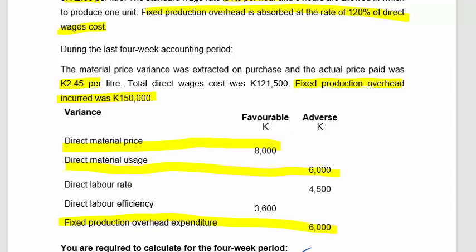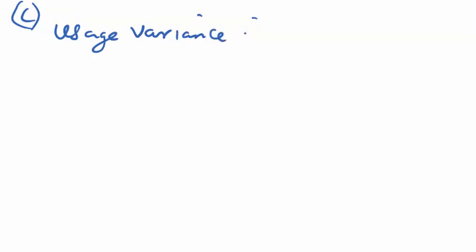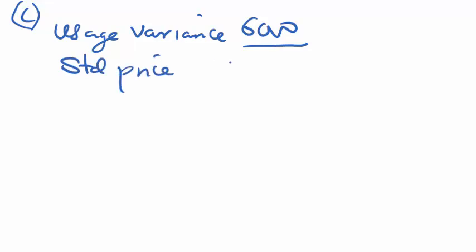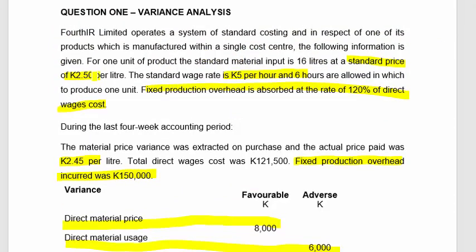So we're dealing with C. Our usage variance is 6,000, and the standard price is 2.5, which is given on top there.